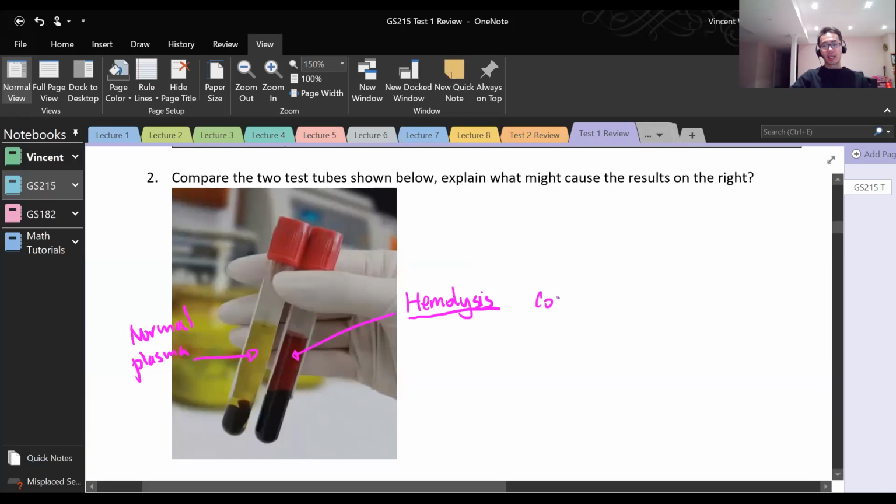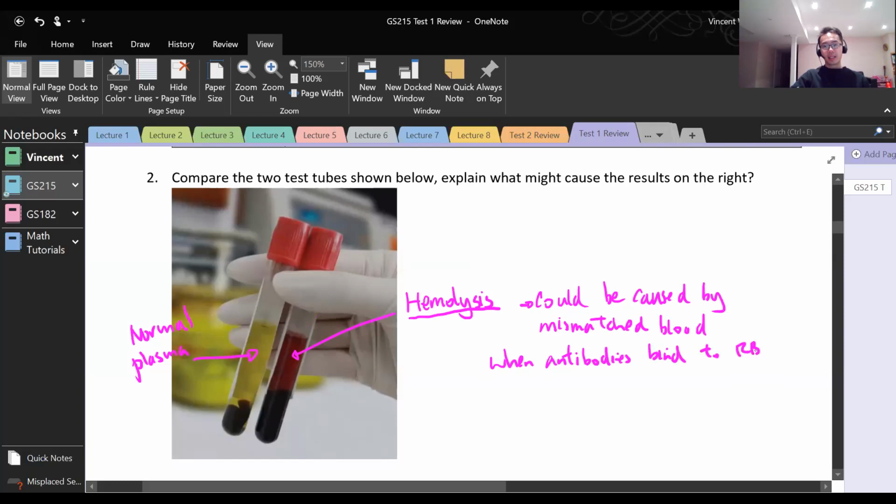So it could be caused by mismatched blood. When antibodies bind to RBC, a cross reaction occurs, leading to agglutination.